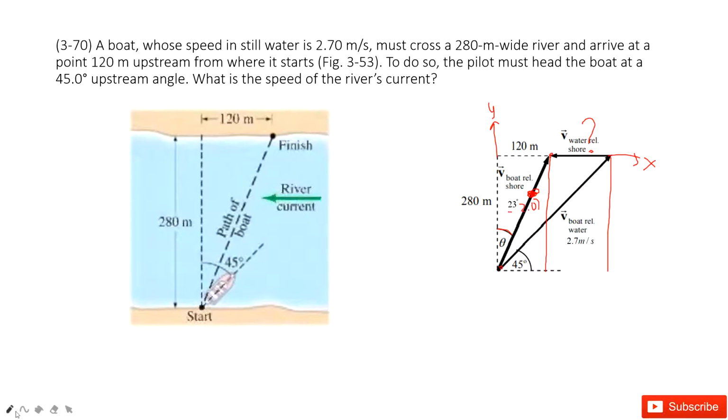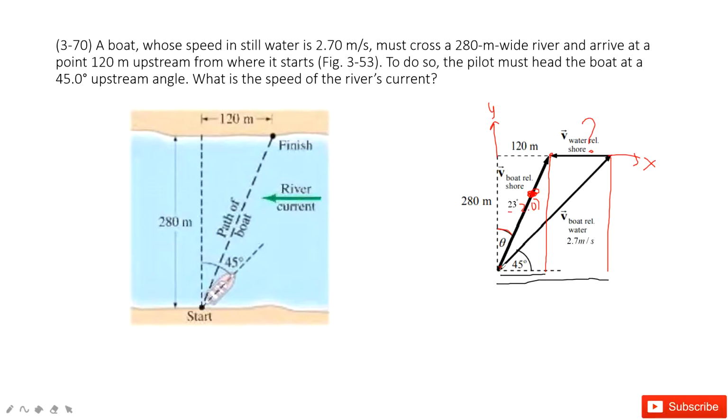Project onto the x component, do you remember? Yes, because we can project the velocity of the boat relative to the shore onto this side, this one, and we project the velocity of the boat relative to the water onto the x component, this one. See, the difference is just the speed of the water relative to the shore.